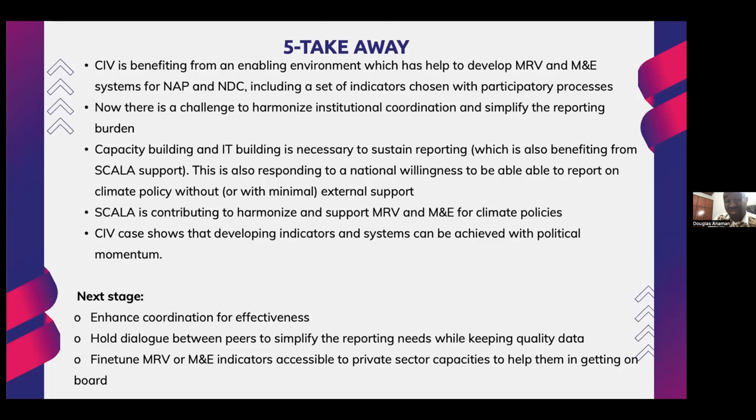SCALA is helping us to better understand the MRV support and to analyze the gaps. Côte d'Ivoire is echoing all the challenges that have been identified.